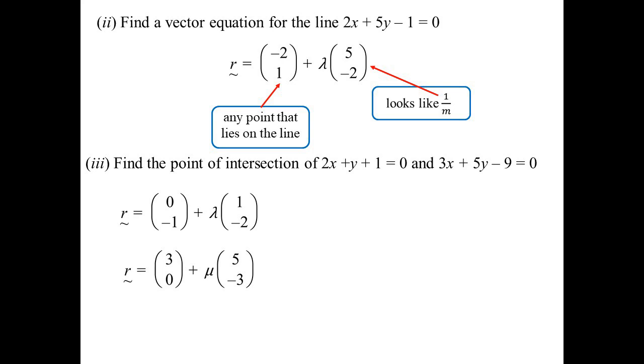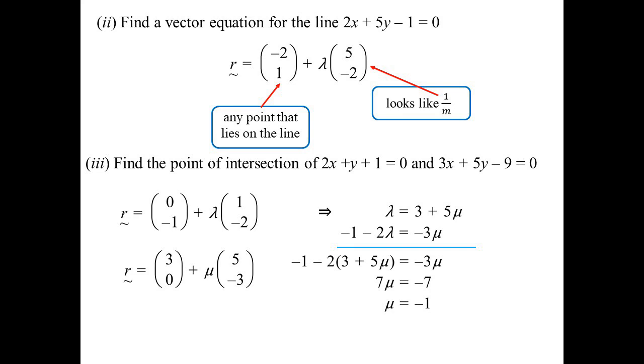I want to find when these things are equal. So I can look at the different components. If I read across the x's, I know that lambda will equal 3 plus 5 mu. Now if I read across the y components, I get -1 minus 2 lambda is minus 3 mu. And that's what I'm solving simultaneously.